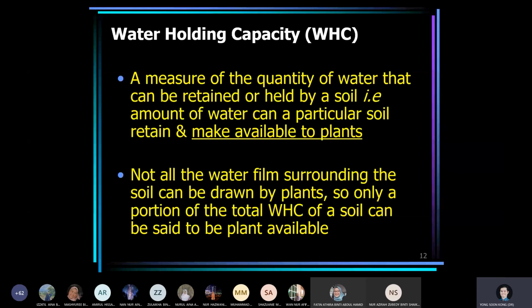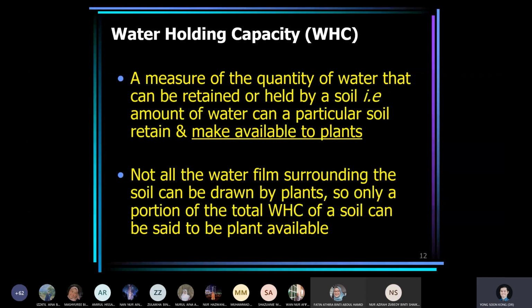So this will be confirmed. This water will be trapped inside because it's strongly bound to the soil. And possibly there might be some cohesion water, depending on the capillary force that a soil may have. So how big the pore size is determines that. Because if the pore is too big, they may have a little bit more gravitational water, and what happens to this? It will be pulled down by gravity.